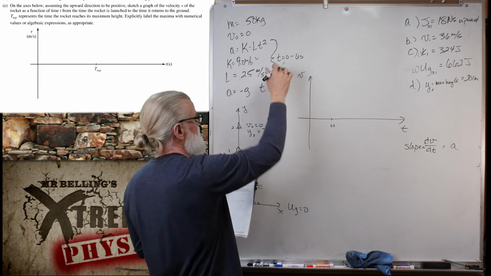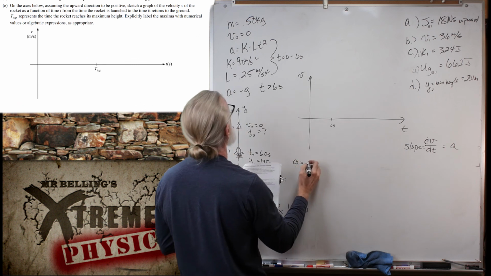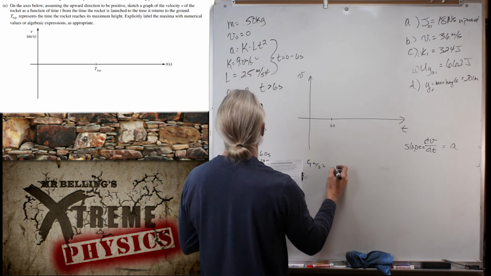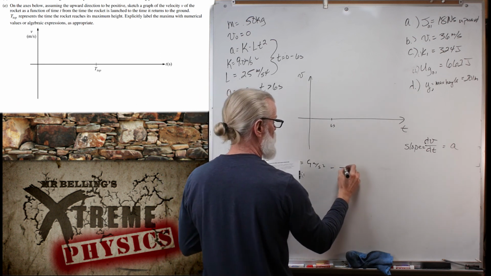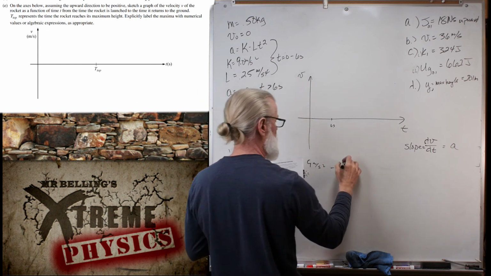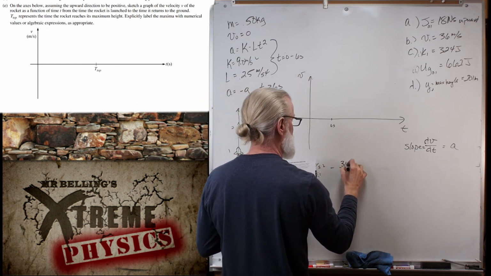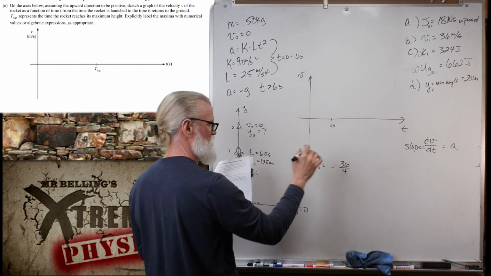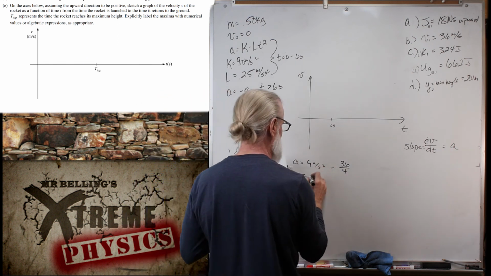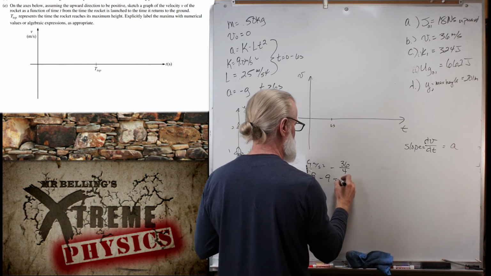What's the acceleration at 6 seconds? It's 9 meters per second squared minus a quarter times t squared, which is 6 seconds squared, which is 36. What's 36 divided by 4? That's 9. So this is 9 minus 9, which is 0.